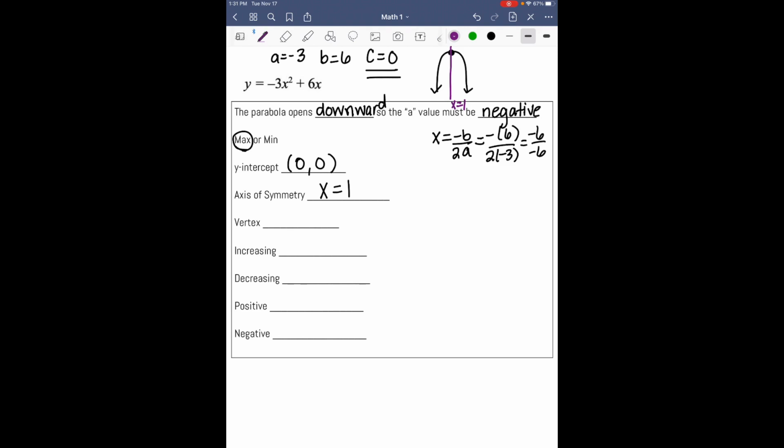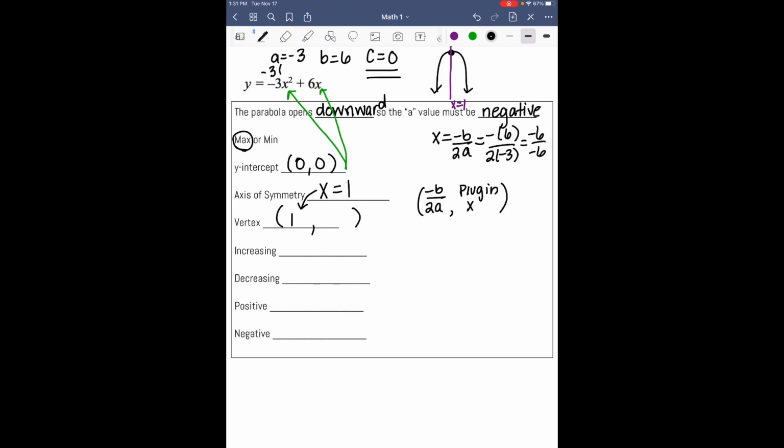All right, so now we need to find the vertex. Now remember, we already know part of the vertex. We know the x value of the vertex, and that's because we know the axis of symmetry. So we're going to use my axis of symmetry and plug in the x value. We're going to take our 1 that we got and plug it in for x here and here.